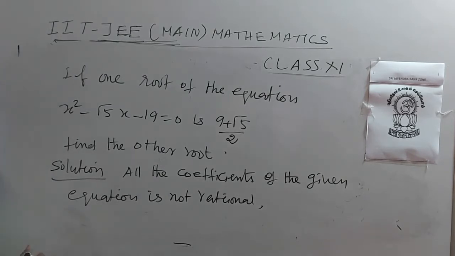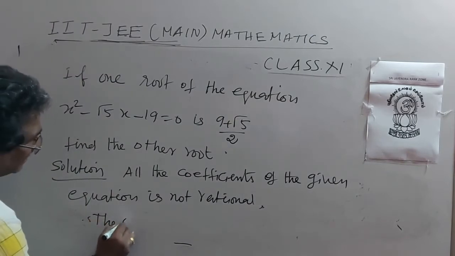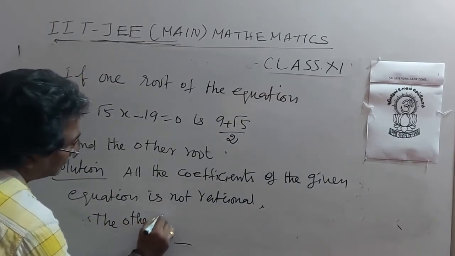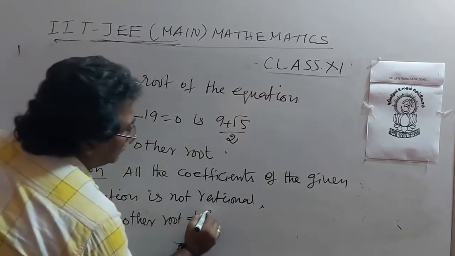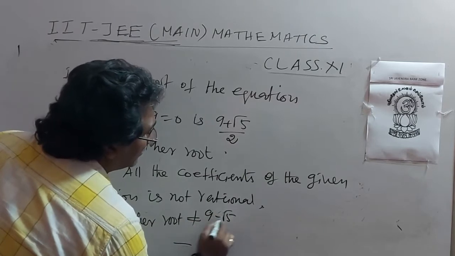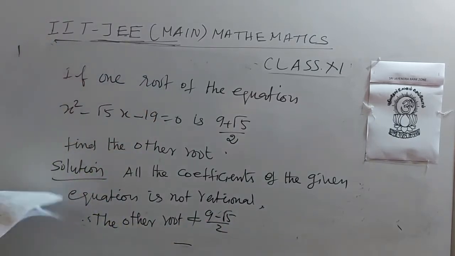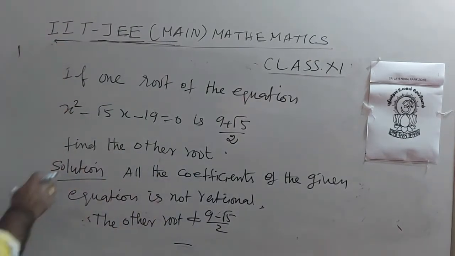Therefore the other root is not equal to (9 minus root 5) by 2. If the coefficients are rational, we can say its conjugate will be another root. But this is not the case here. Here we have irrational roots.